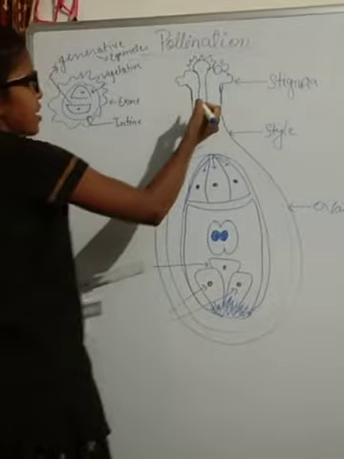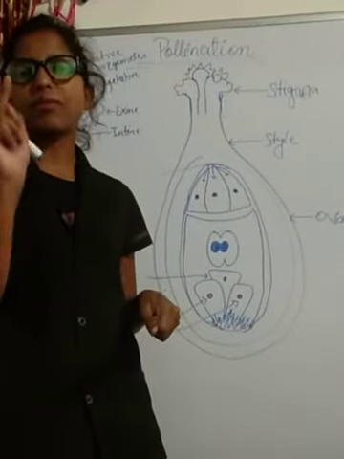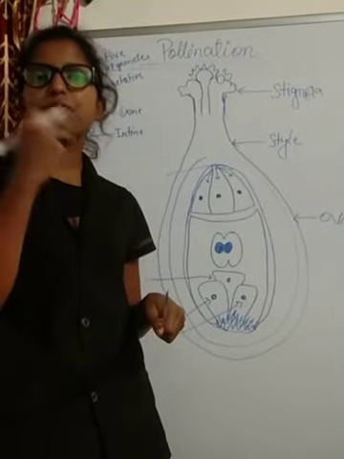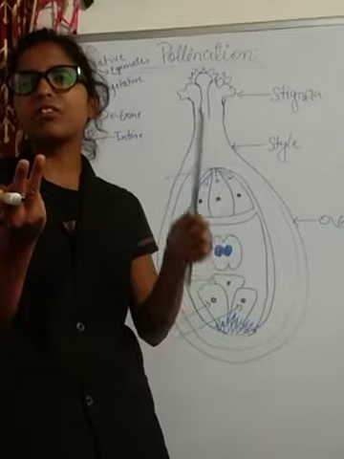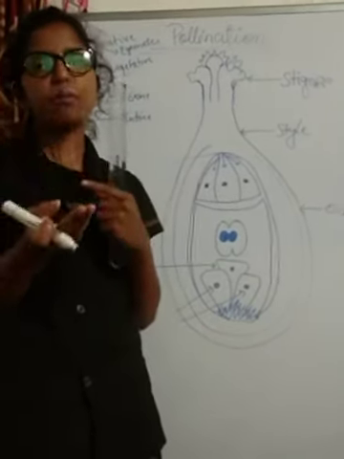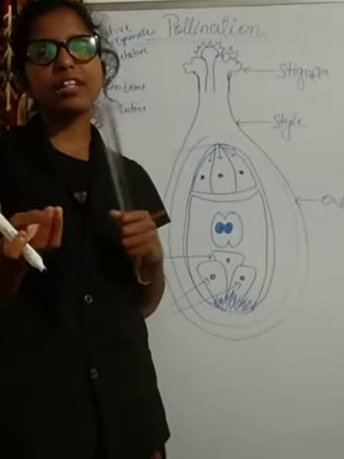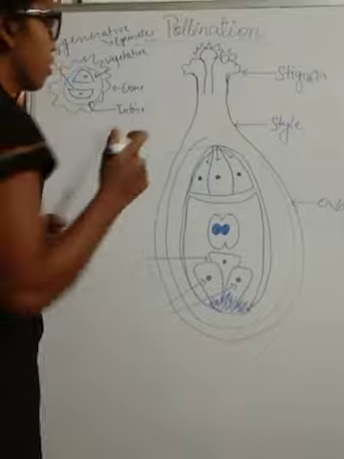Here, two cells are there in the pollen, vegetative and generative. The generative cell gives rise to two male gamete cells. Before that the vegetative cell goes, and then it is followed by the two gamete cells.